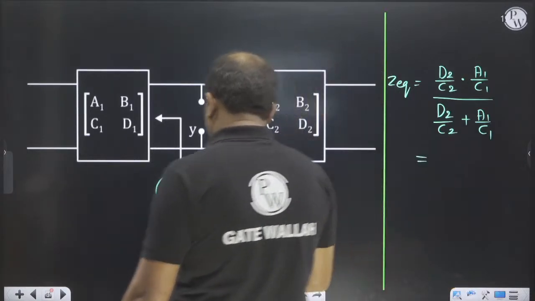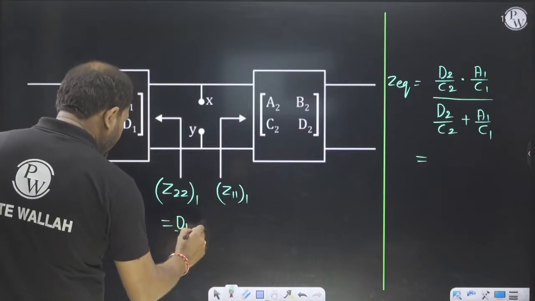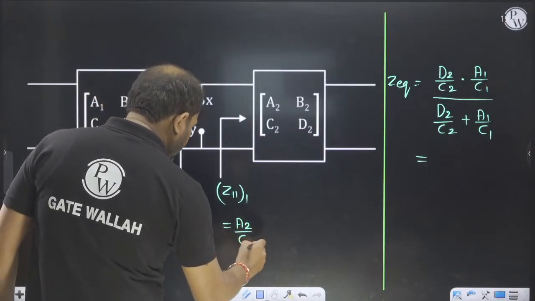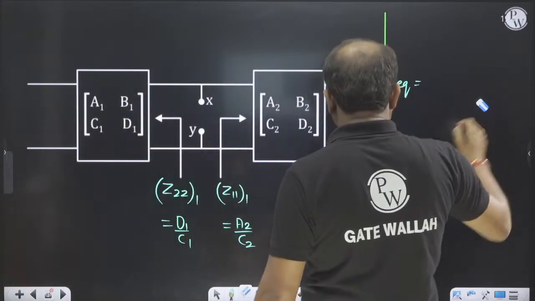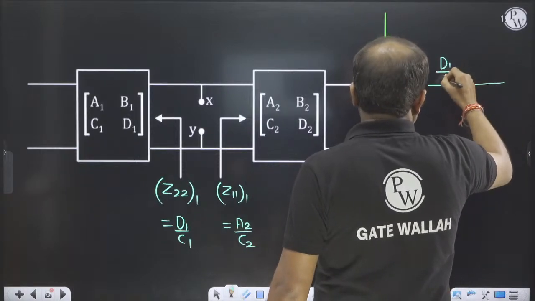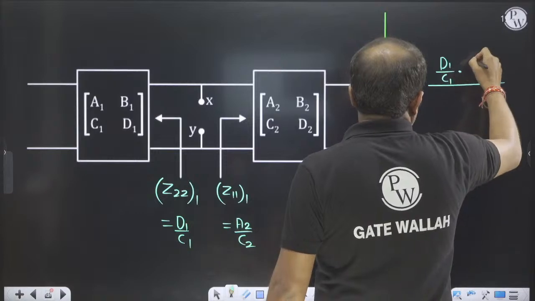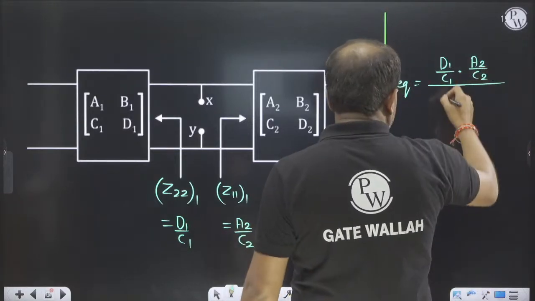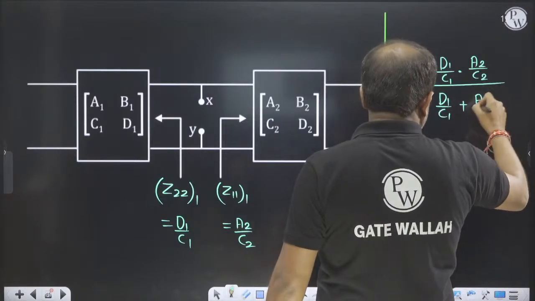I have written it wrong. This one is D1 by C1 and this one is A2 by C2. So it is D1 by C1 plus A2 by C2.